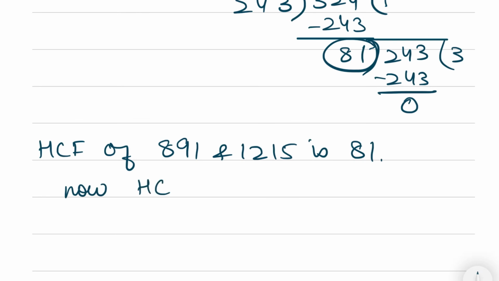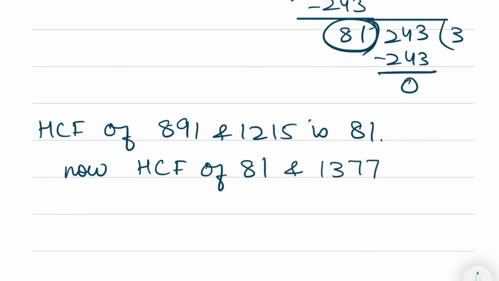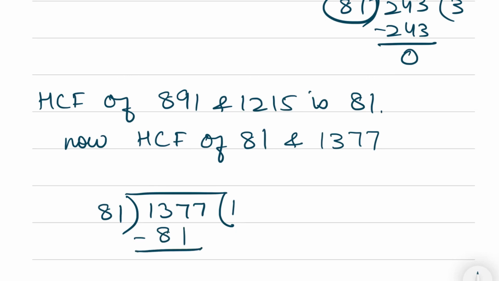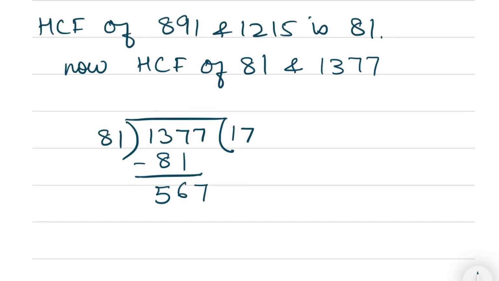Now we need to find the HCF of 81 and 1377. The smaller one is the divisor and the larger one is the dividend. One time we have 81, subtracting 6 and 5, 7 to be taken down, and we get 7 times 81 is 567.